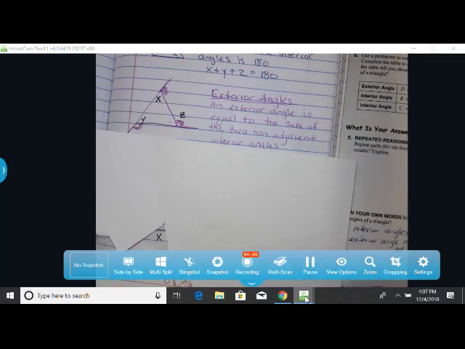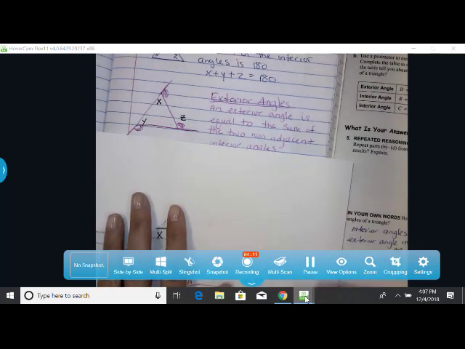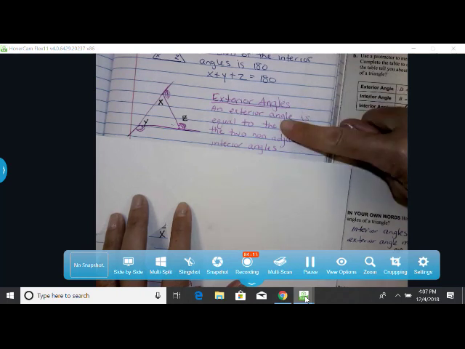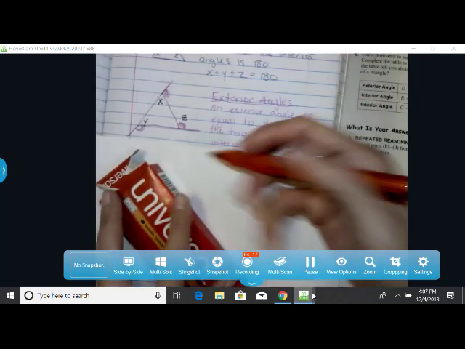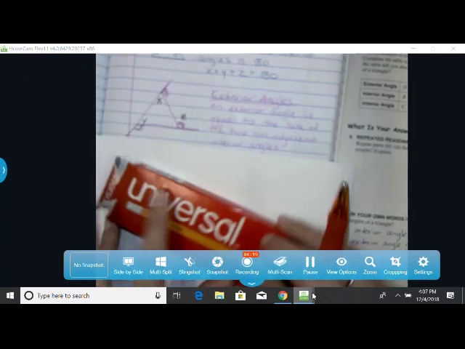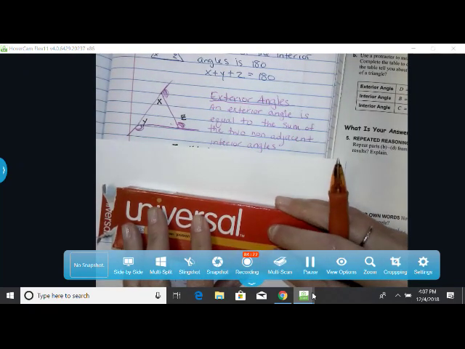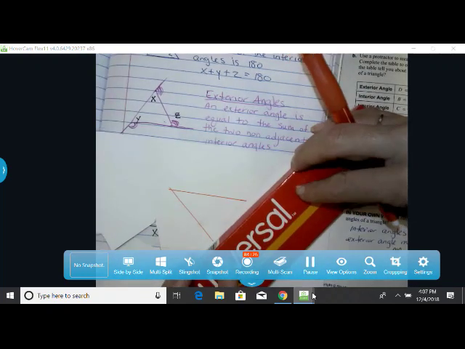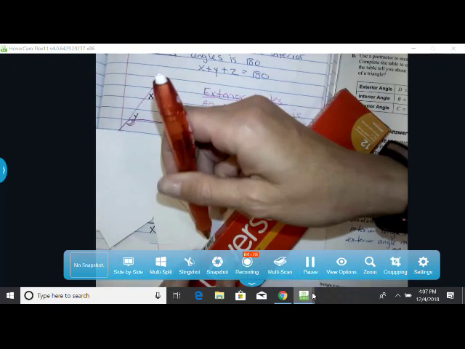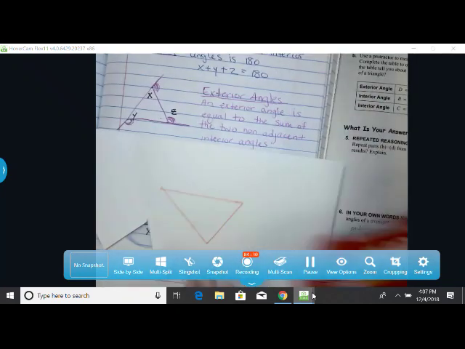Now I proved it to you one way. I can also prove it to you another way using these two rules. I don't have a ruler handy, so I'm going to use my pencil box. And I'm just going to draw a triangle. Nothing special about this triangle.